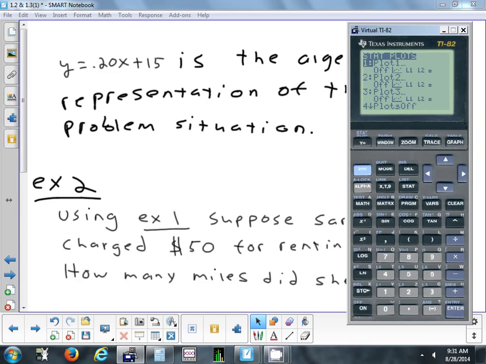Just pick plot 1. Okay, if you pick plot 1 and you hit enter, then you have the choice to turn it on or off. Okay, so it's a good question. It is a little bit different on the TI-82. Okay, so on the TI-82, hit on. I have to go back to the 83 because that's where all my data is typed in. Anybody that has the 82 and had trouble, but now they got it? All right, so you got your stat plot turned on.